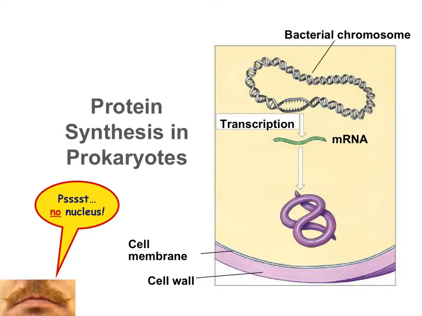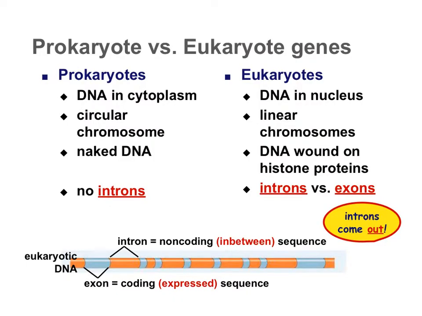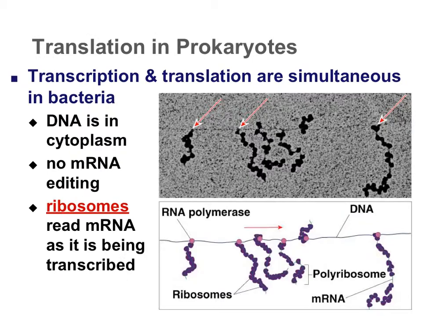Translation involves many steps, including initiation, elongation, and termination, but it's going to occur a little bit differently in prokaryotes than eukaryotes. So you want to pause here, and these are all good points to identify, differentiating between the building of proteins in prokaryotes versus eukaryotes.